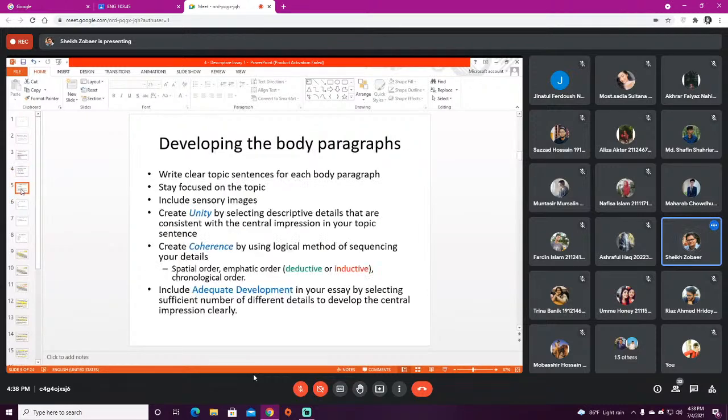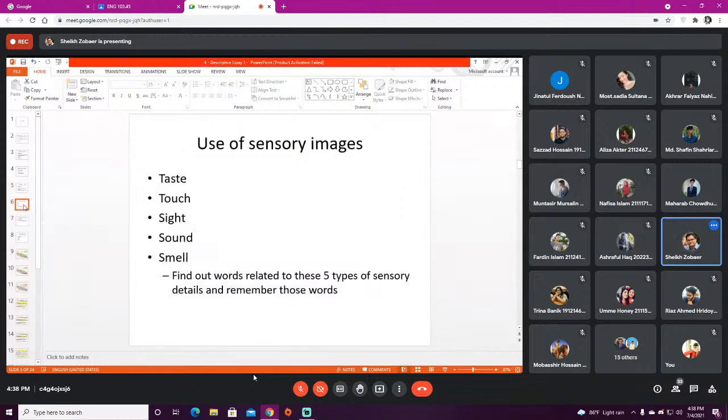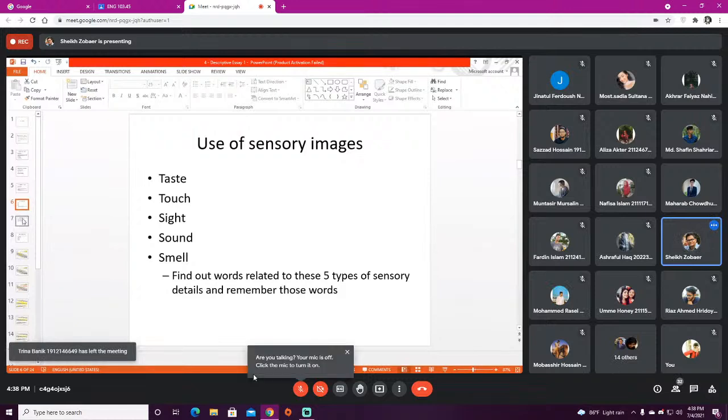And if you can use sensory images in your description, then the thing that you're describing will be very, very interesting. Now, how do you do that? We have an example to show you in a moment. For example, if you are describing a food, then taste will be relevant.